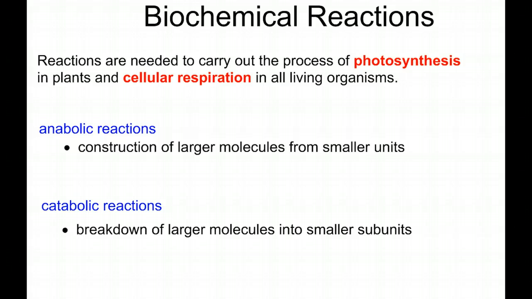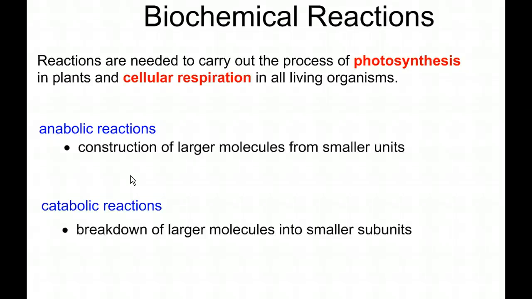So all reactions can fit into one of two categories: anabolic versus catabolic. So these are the two big main categories. Anabolic just means that we are taking small units of things and bringing them together to make a larger unit. An example is if we think of simple sugars in a carbohydrate.